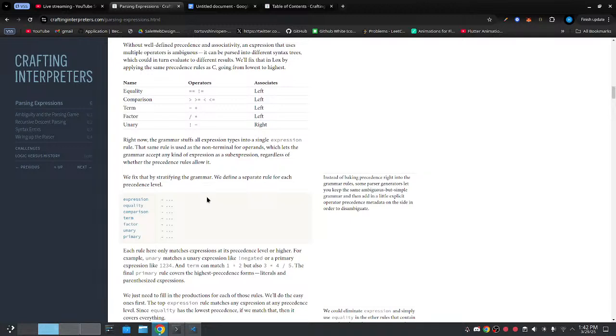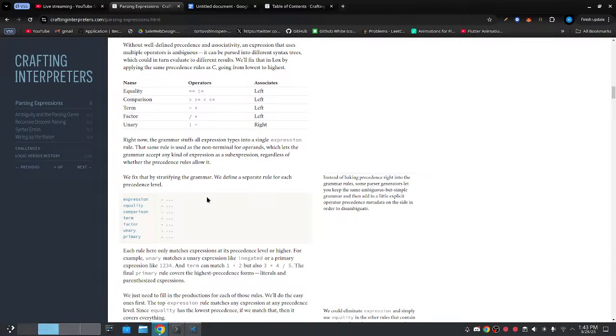Each rule here only matches expressions at the precedence level or higher. For example, unary matches a unary like negated, or a primary expression. Okay, so the lowest is equality.